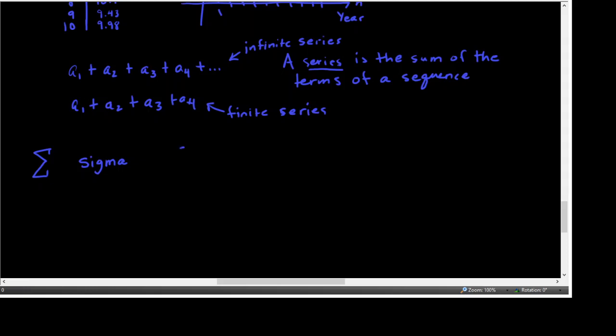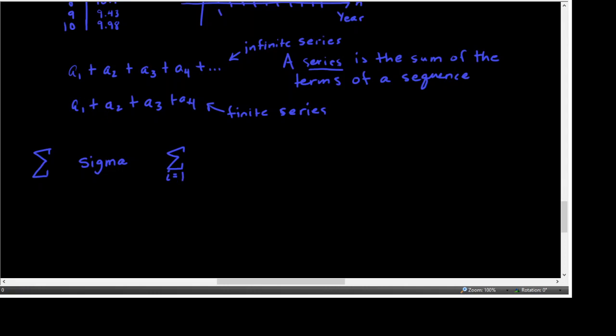So when we see this sigma, what it's going to involve is an index variable, like I. I is pretty common for this. Other letters that you may see are J and K and N. Those are index variables that are used. In this particular one, I'm going to start with 1.